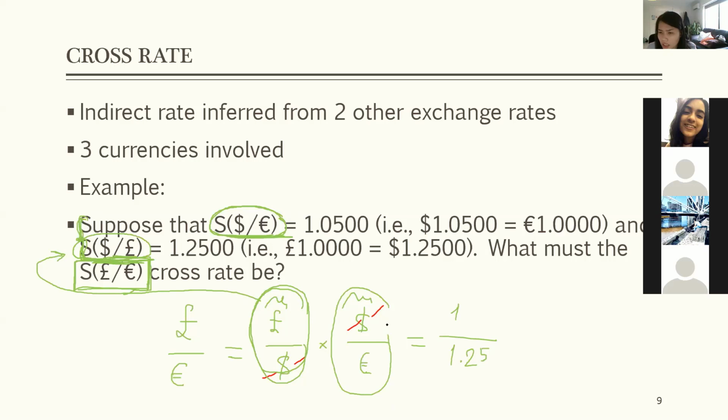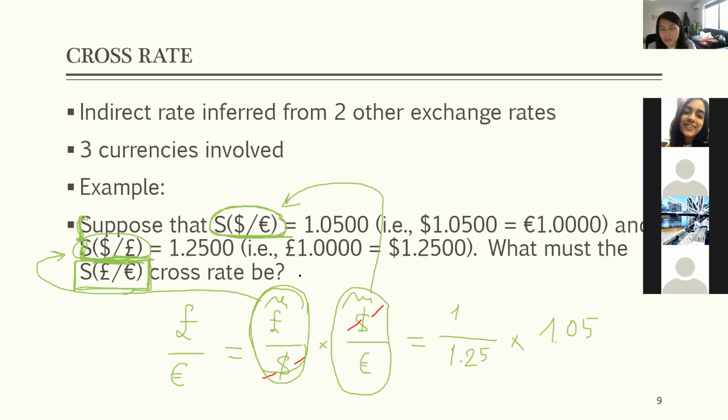The second exchange rate, dollar over euro, is given directly in the question, so I'm just going to multiply this by 1.05. Doing this calculation will help me work out the pound over euro exchange rate.